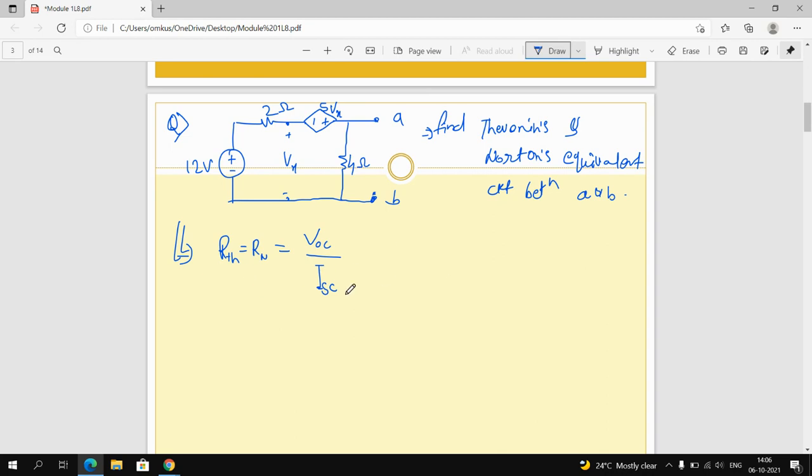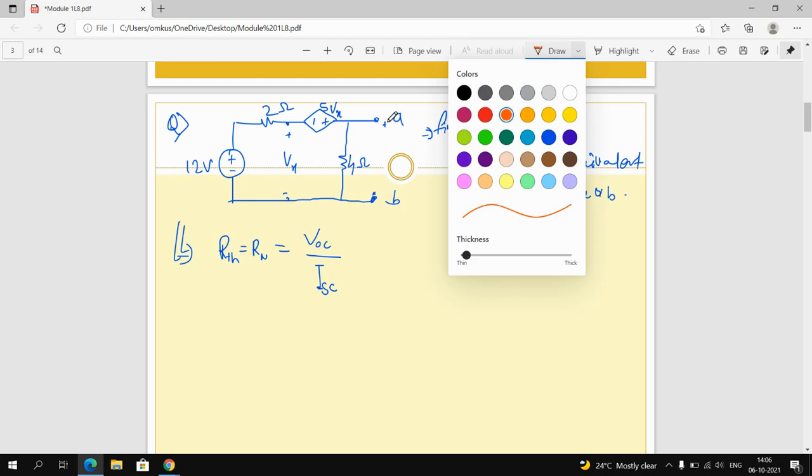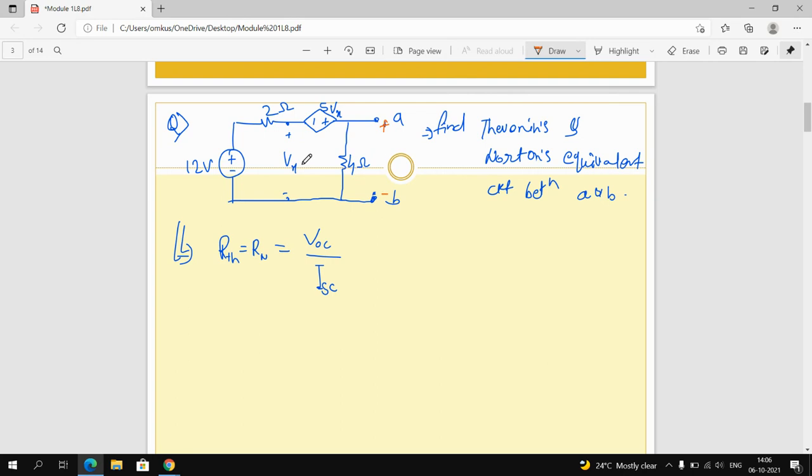By calculating these two terms, you can easily find RTH or RN. So let's start to find VOC. I assume this is positive and this is negative, right? So I apply KVL in this loop. I always consider the first potential of any element.